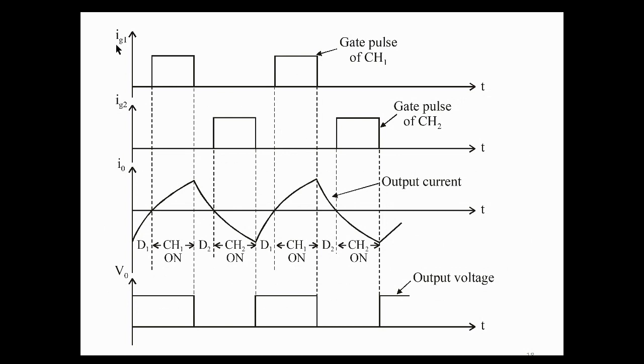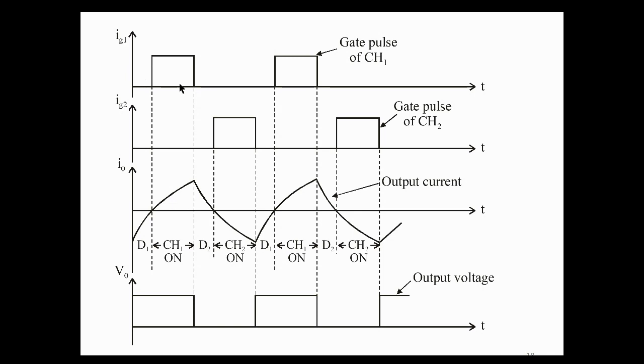As we can see here, we have the pulses at the gate. We ensure that we offset these pulses just to prevent two choppers from coming on at the same time. The top graph shows the pulse applied to chopper 1, and the one immediately below it is the pulse applied to chopper 2.